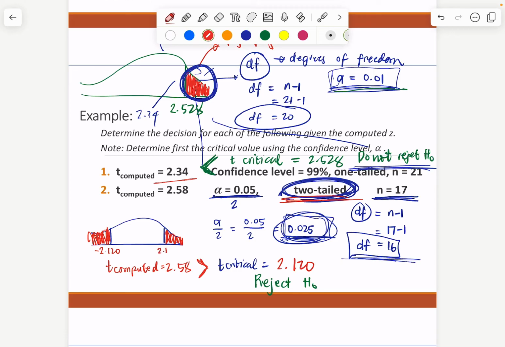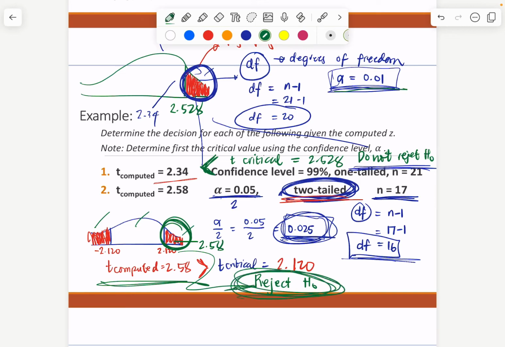And then 2.120 here on the right because it is part of the positive end of the distribution. Now, the question is, where does our T computed belong? Is it here in the middle, or to the right of 2.120? It is somewhere here, 2.58. What does it mean? It falls in the rejection region. So, what is our decision? Our decision is to reject the null hypothesis.